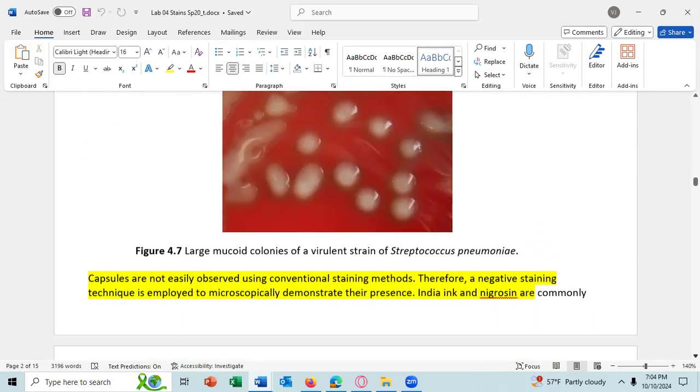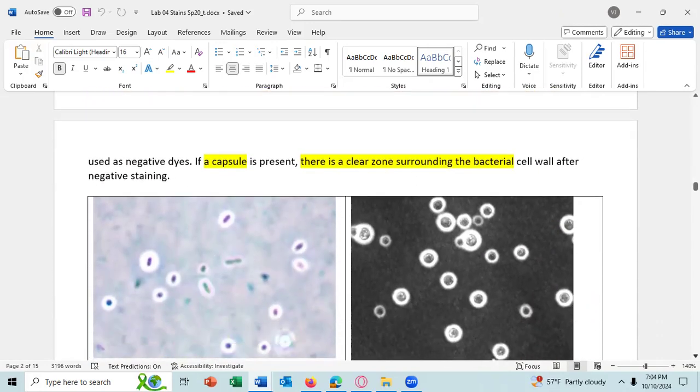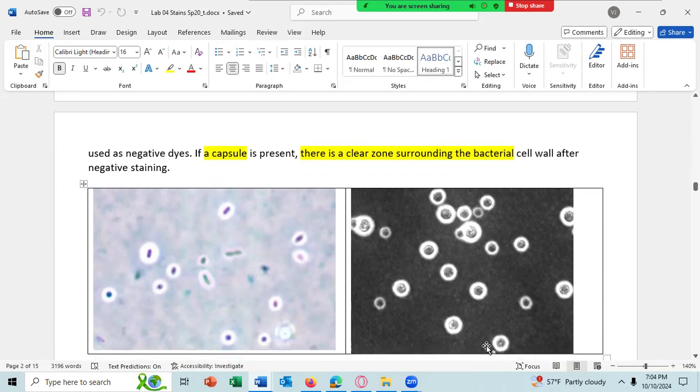Let me come back to that in a minute. So here is a negative stain right here. And you can see it's staining the background of the cell very darkly. It is lightly staining the cell, kind of a grayish color. But there's the capsule, and it's a clear region around the cell. And it's not stained at all.